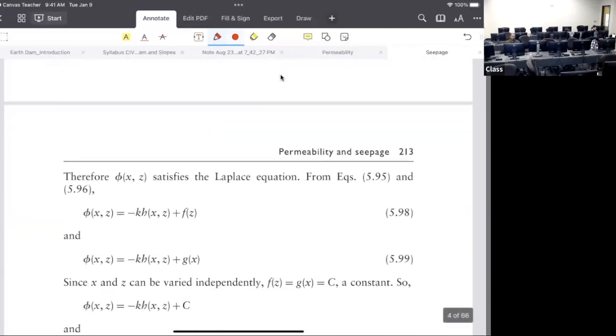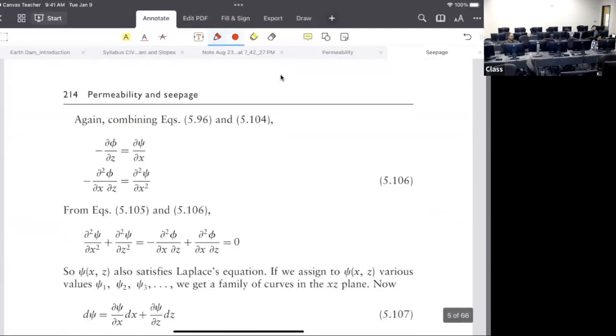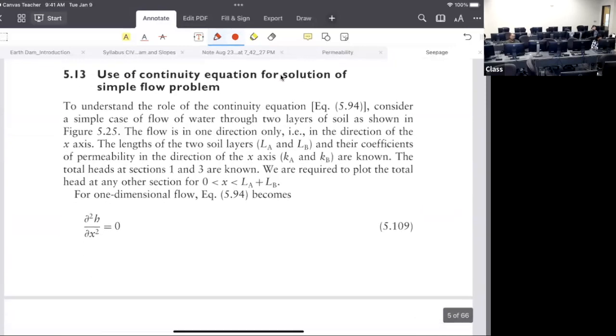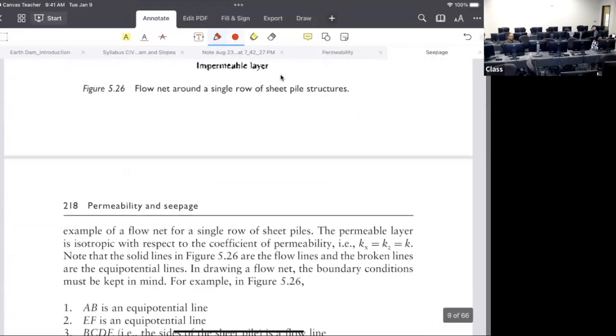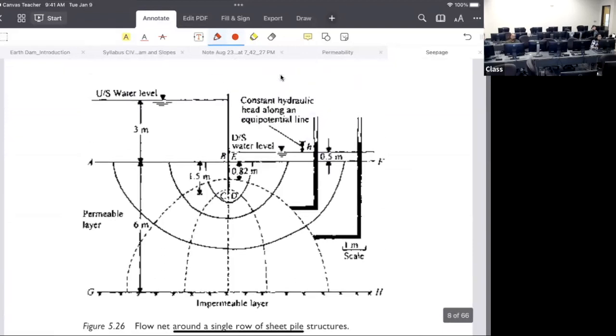Anyway, the question is how to solve that problem. There are many methods, but one of the most popular is creating what is known as the flow net. So what happens in the flow net? Before we go to the flow net, let's also discuss the seepage flow.